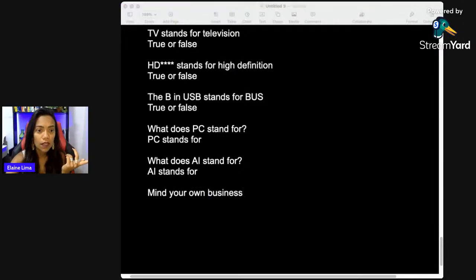Mind your own business. Okay? But here, we have to be careful when we use MYOB, because we have to be really close to the person, because it's kind of offensive depending on the way or the situation. It is offensive. So it's like in Portuguese when we say não é da sua conta. Mind your own business, right?